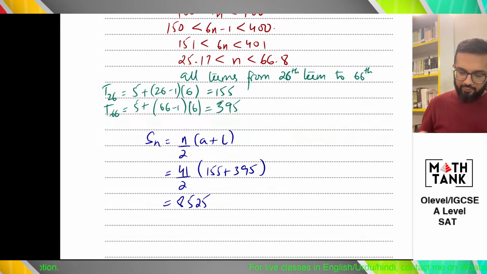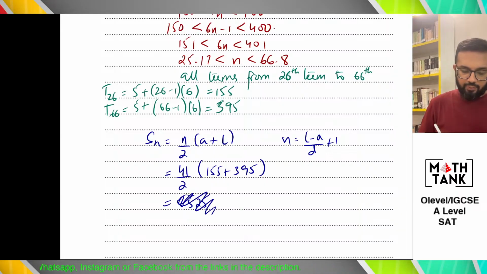N basically has the formula last minus first over common difference plus 1. We don't know that already. So 11275.